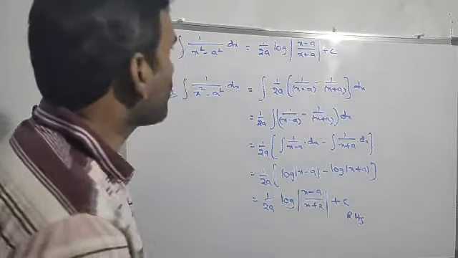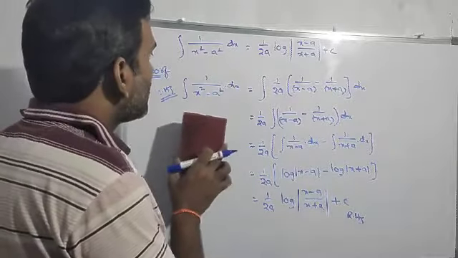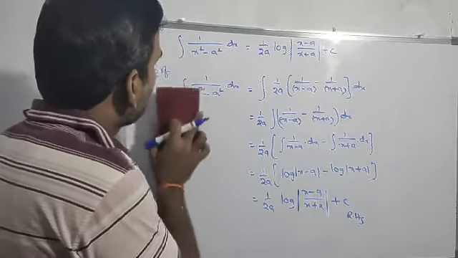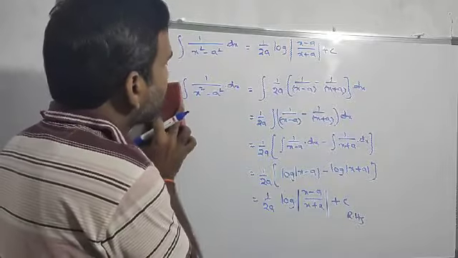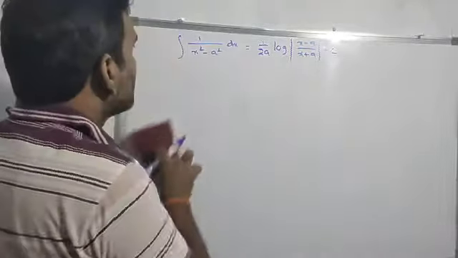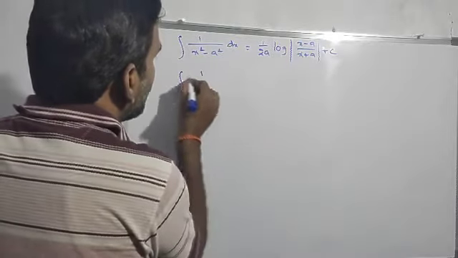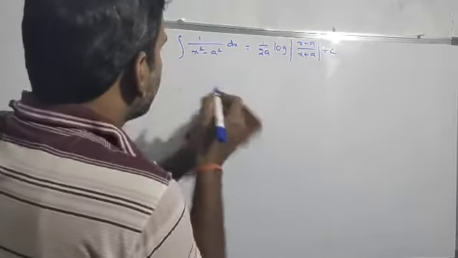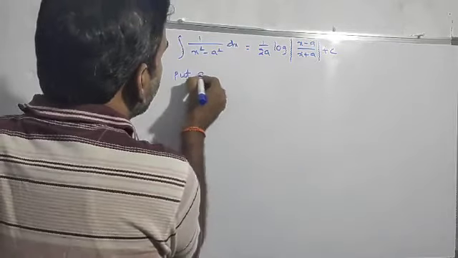Now we will do one problem. Here a standard result also we can take. This is our proof. Now I am erasing the proof and taking the standard formula 1 by x square minus 1. That means put a equal to 1.